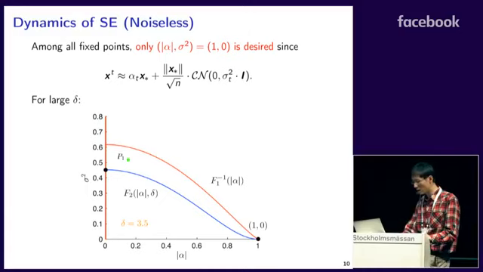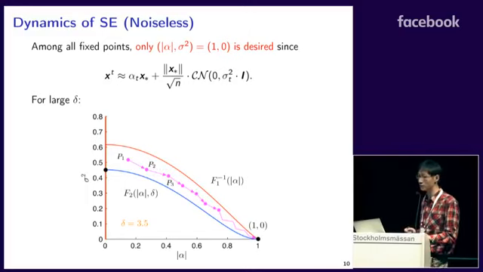Then, in the direction of alpha, we move towards the curve f1 like this. And then, in the direction of sigma squared, we move toward the curve f2 like this. So for the next iteration, we move P1 to P2 like this. And similarly, we move P2 to the next iteration, P3, and so on and so forth. Eventually, we converge to the correct fixed point.